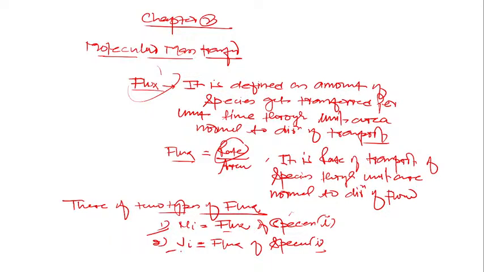In the other case, Gi, again we measure how much species has been transferred through unit area, unit time, but the observer is not stationary. Now the observer is moving with some average velocity. So in both cases we will get two values of flux, yes or no? Are you getting the point?